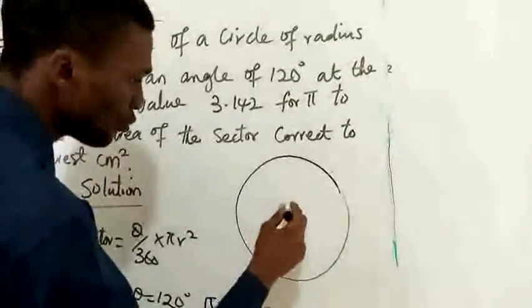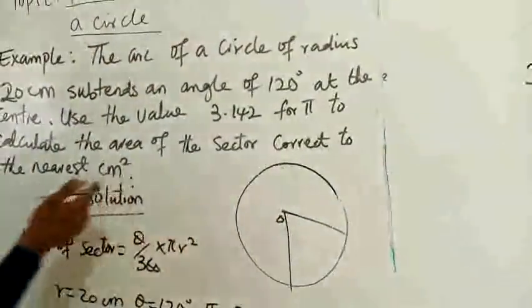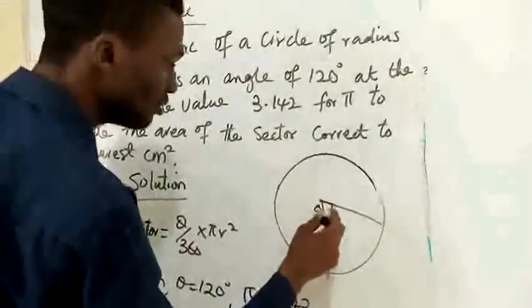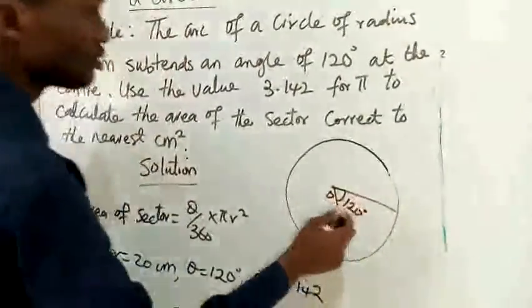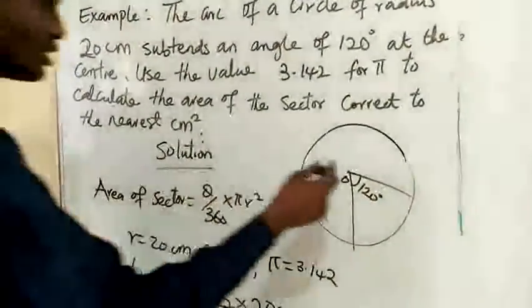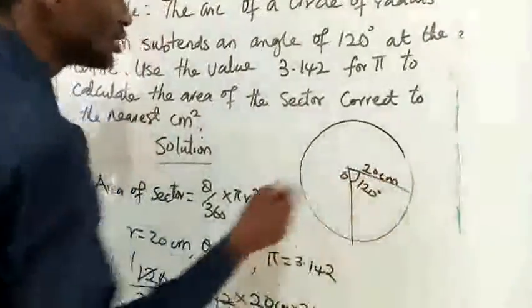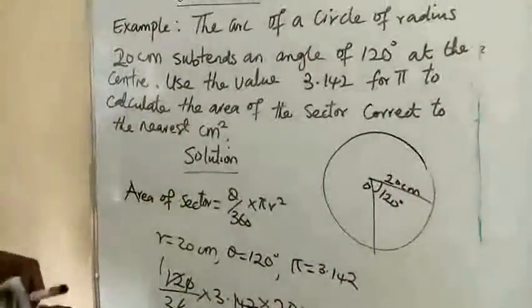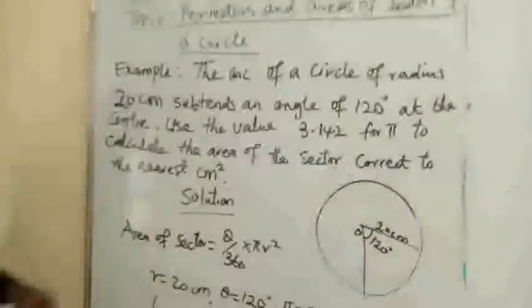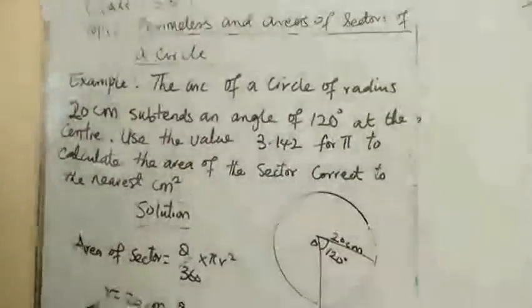Center O, we have an angle of 120 degrees, then our radius is 20 cm. That's our sector of the circle, and we find the area. So we compute.